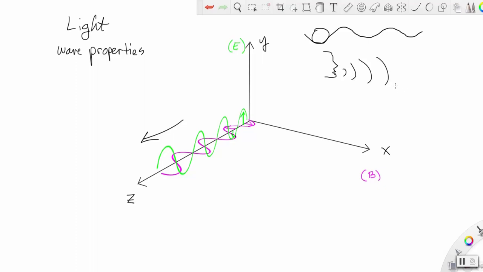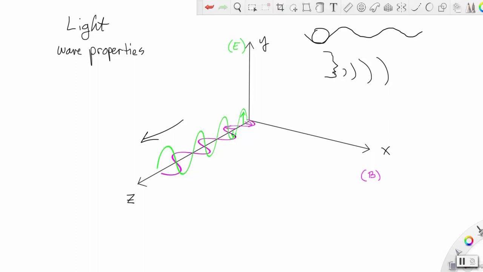The problem that we had was we didn't know how light got from the sun to the earth, and it was actually the development of electromagnetic theory that brought us to understand that light propagates through itself, essentially. It only propels itself.